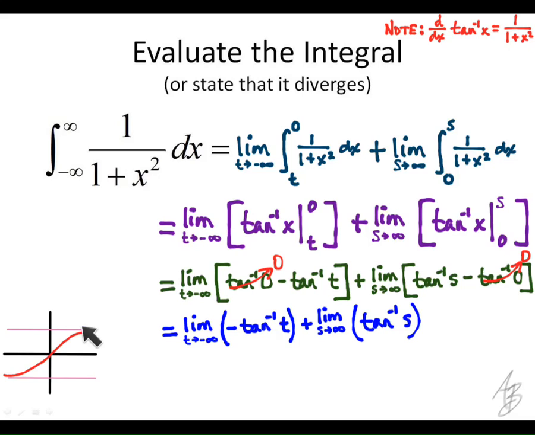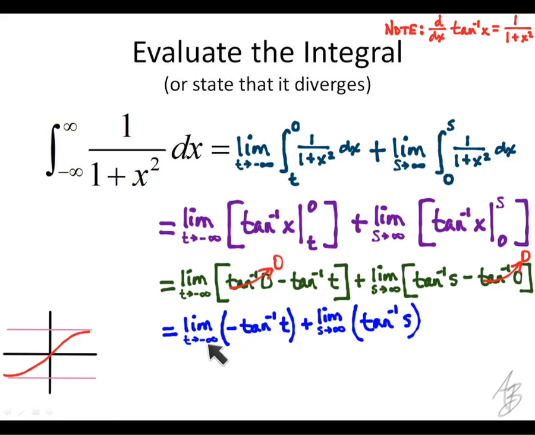What is this horizontal asymptote right here? Where's the vertical asymptote for a tangent? Pi over 2, right? So since the vertical asymptotes for tangent are at pi over 2, the horizontal asymptotes are going to be at pi over 2. So this is going to be positive pi over 2. This is going to be negative pi over 2.